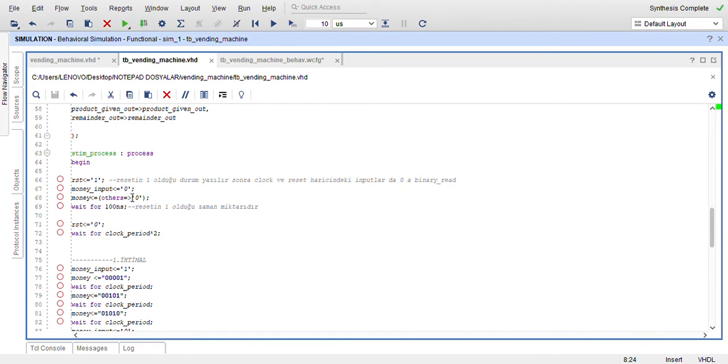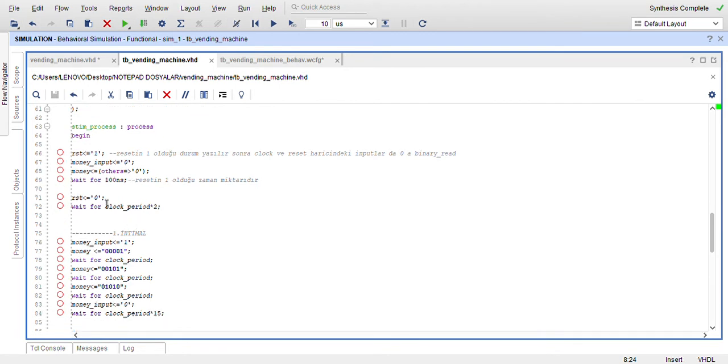Then we wait for 100 nanoseconds. After that, reset will be 0, and we will wait for clock period multiplied by 2.